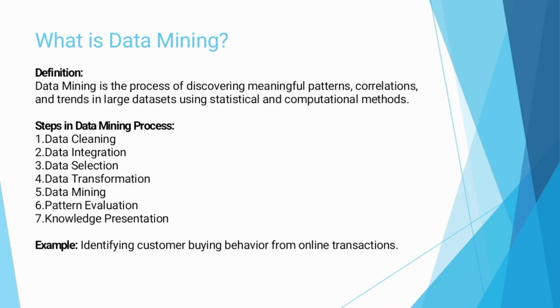First is data cleaning to remove noise and errors. Second is data integration from multiple sources. Third is data selection to choose relevant information. Fourth is data transformation into suitable formats. Fifth is mining to apply algorithms and extract patterns.